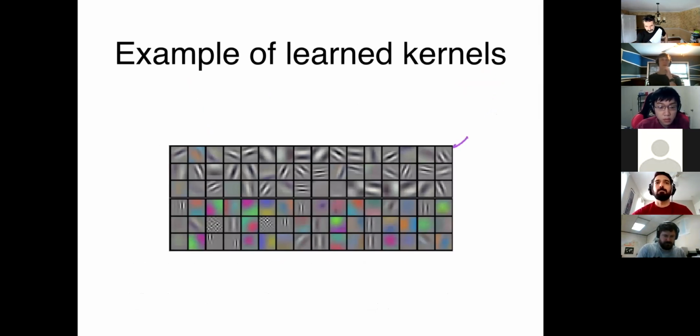See the difference, for example, between this kernel and this kernel. They learn different features from your input, and this is how they generalize and how they work. We discussed the connection between these kernels and features.